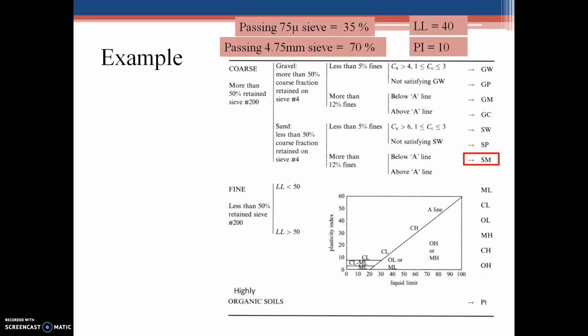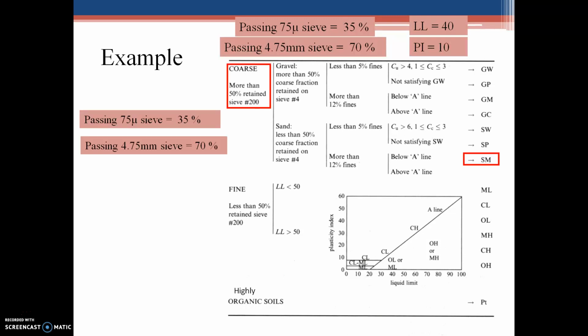Now let us solve the same example that we have taken in the unified soil classification system, and we'll see what will be the classification of that particular specimen using the Indian soil classification system.